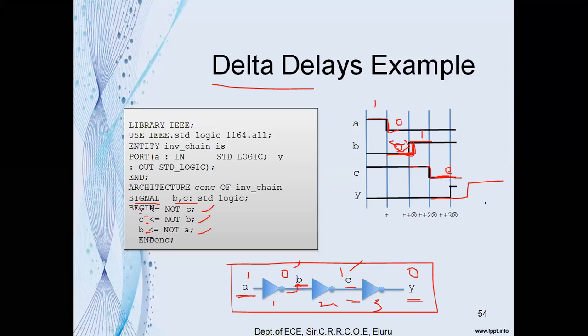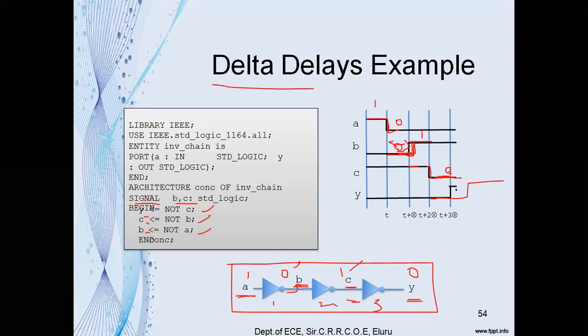So inertial delay is always referred with the circuit components and the transport delay is always referred with the connecting wires. So that is all about the delay models in the VHDL.